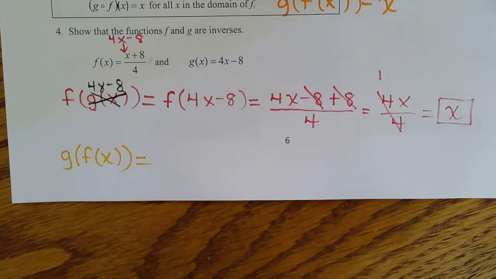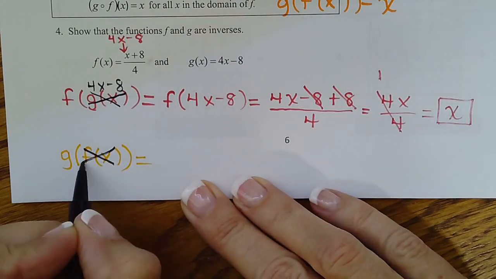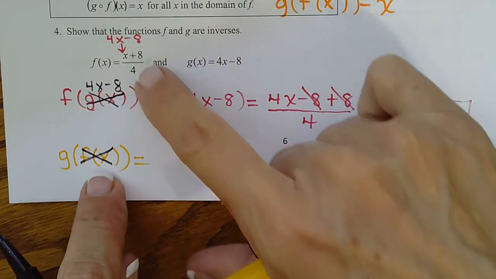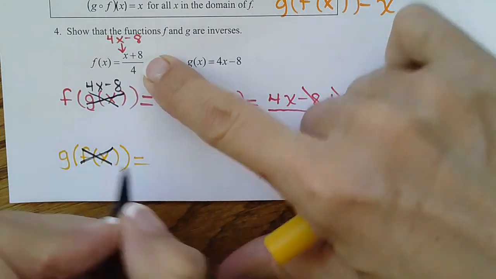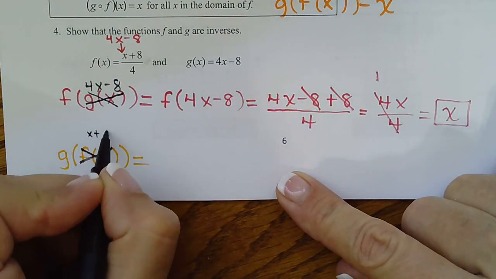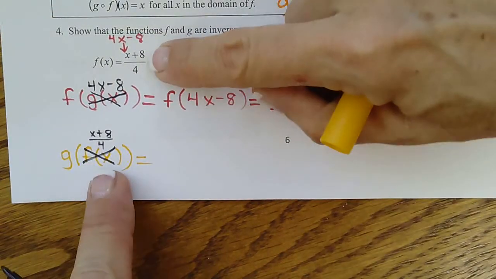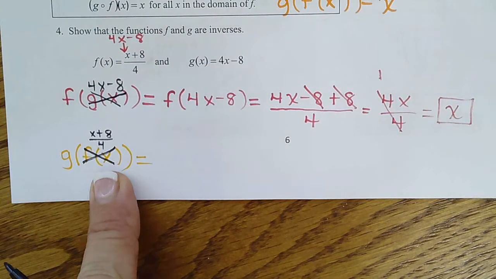So again, take your f of x out and replace it with what it's equal to. So this time f of x is x plus 8 over 4. So that's what I'm going to put in place of f of x, because they're the same thing.